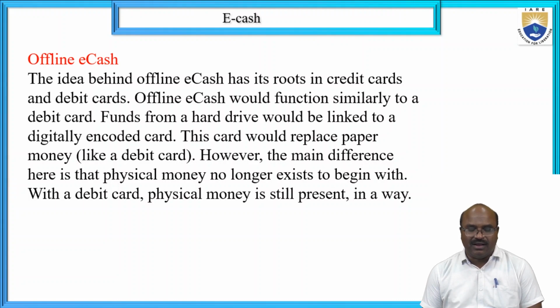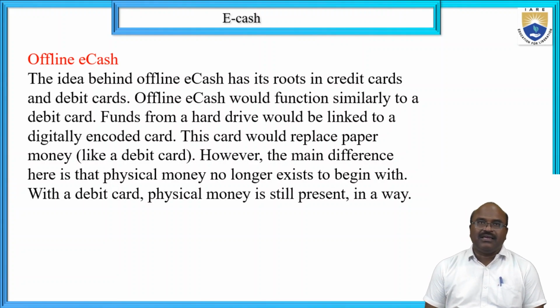Funds from a hard drive would be linked to a digitally encoded card. This card would replace paper money like a debit card. However, the main difference is that physical money no longer exists to begin with. With the debit card, physical money is still present in a way.